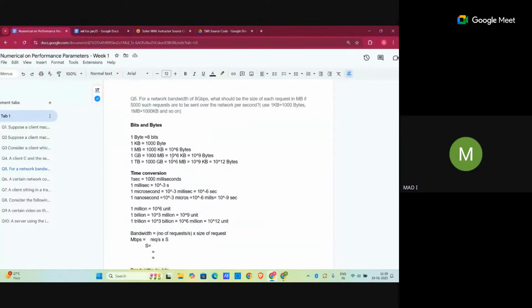Now we will see the bits and byte conversion. 1 byte is equal to 8 bits, and 1 kilobyte is equal to 1000 bytes. For the ease of calculation, we won't take 1024, we will take 1000.